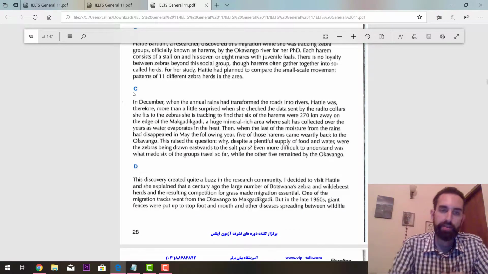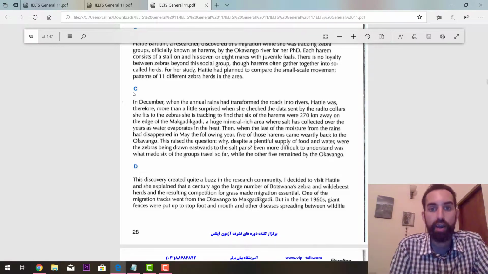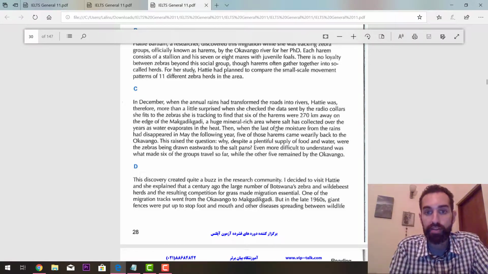In December, where the annual rains had transformed the roads into rivers, Hattie was therefore more than a little surprised when she checked the data sent by the radio collars she fits to the zebras she is tracking to find that 6 of the harems were 270 kilometers away on the edge of the Makgadikgadi, a huge mineral-rich area where salt has collected over the years as water evaporates in the heat.